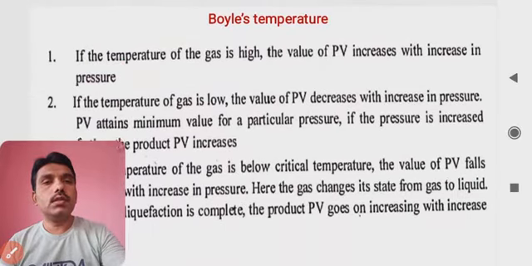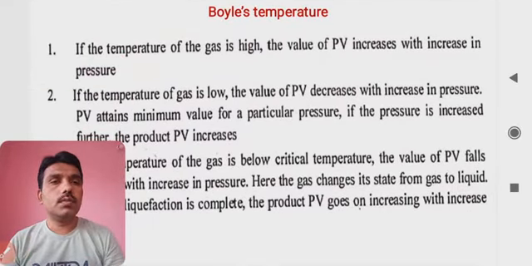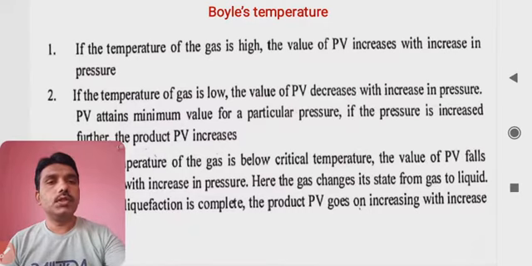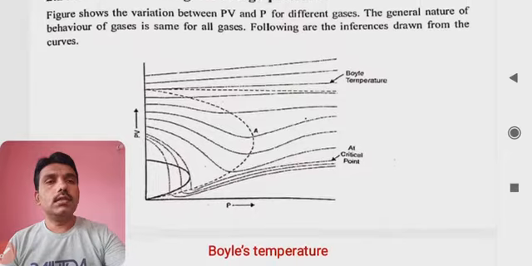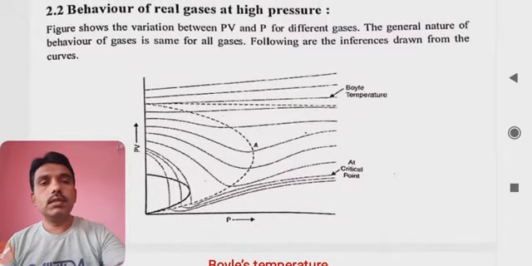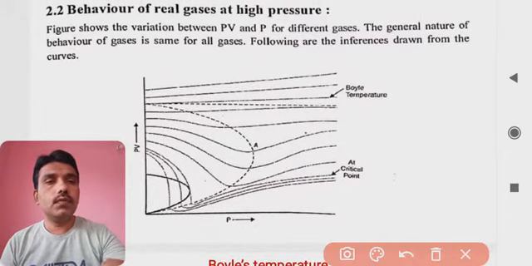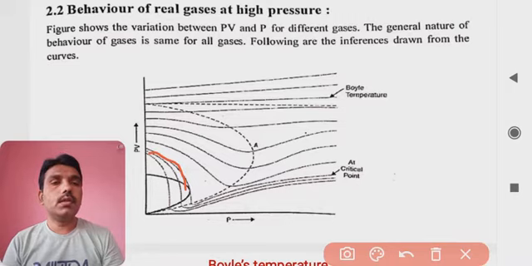At low temperature, PV decreases with the increase in pressure, and these graphs show this clearly. As the pressure goes on increasing, PV goes on decreasing.